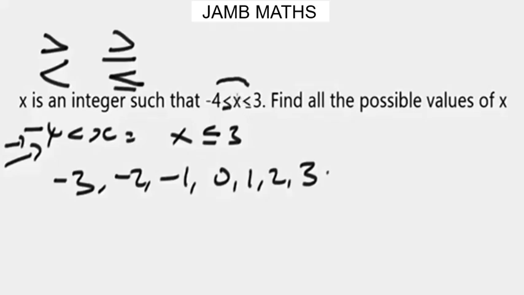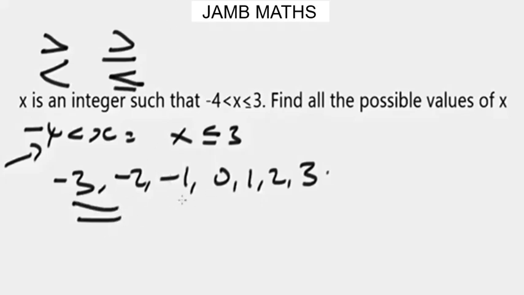Had the question come in this format, x would be greater than or equal to -4, so we would have started with -4 to represent the possible values of x. But since we are not having that sign here, this will be the correct expression for the possible values of x.